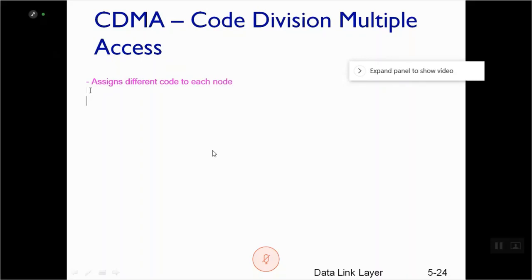And then each node uses its unique code to encode the data bits it sends. By this, different nodes can transmit simultaneously.